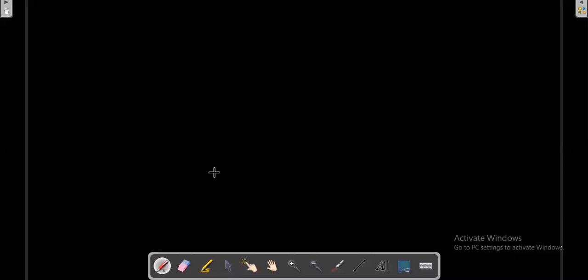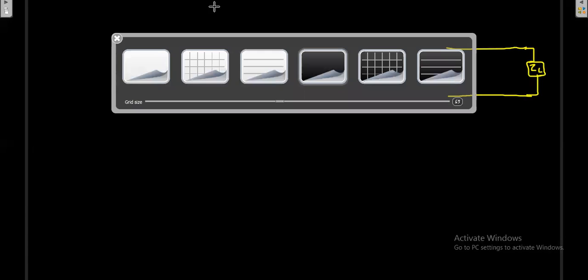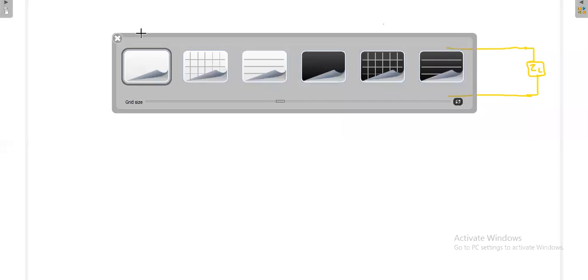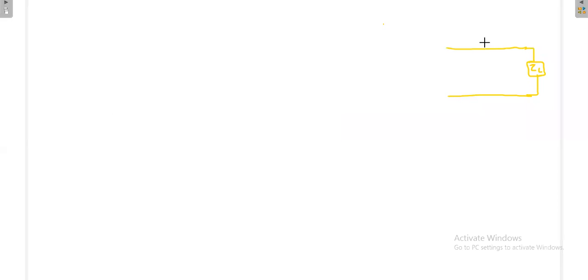For example, if this is your transmission line, and it is terminated with the load impedance ZL, and at some position you are connecting the stub in such a way that it cancels the reflection, and finally the impedance seen from that position is Z0.